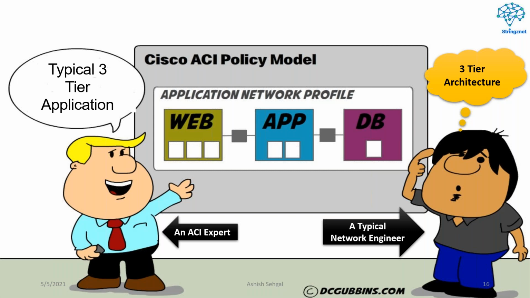If I present ACI to you in the form of a 3-tier application, then it will be wrong, because an engineer needs to understand ACI first of all in terms of the devices. Where are the devices? How are the devices placed?